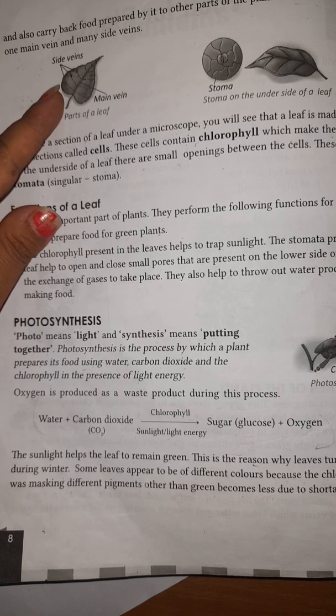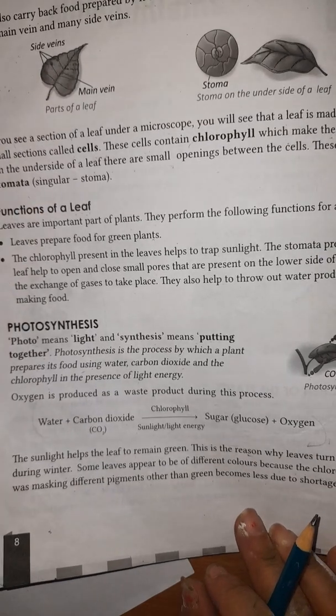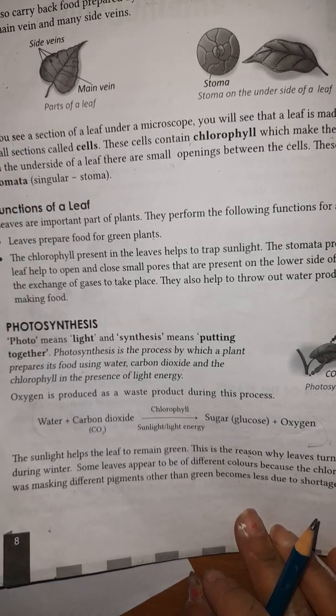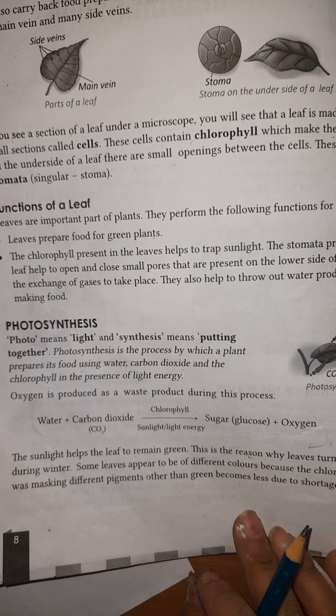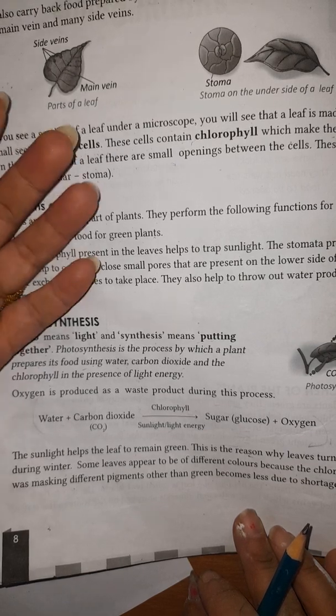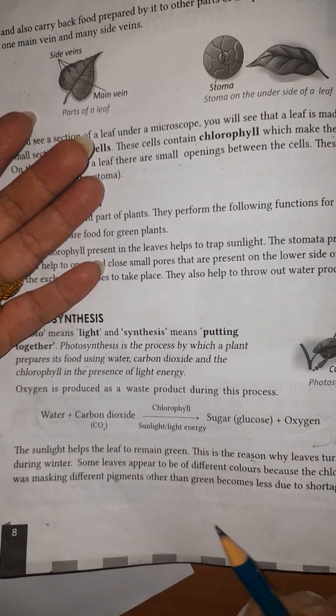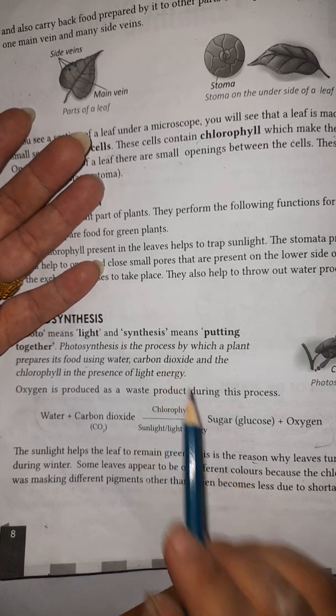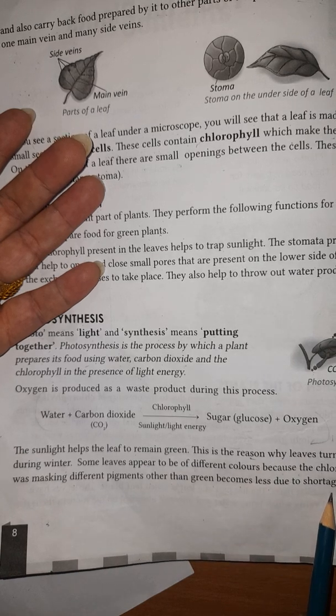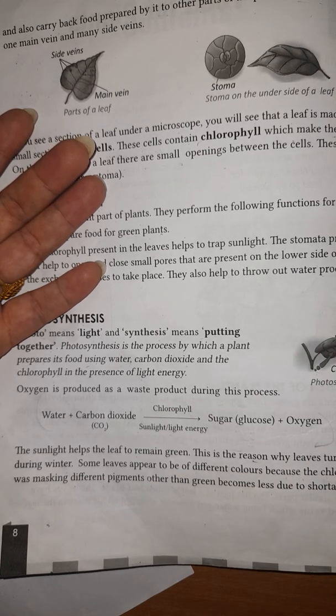The chlorophyll which is present in green leaves, because of shortage of sunlight, the other pigments like yellow, orange, purple in shade are found in these leaves, and that's why we can see them in different colors in the winter season. Okay, because in the winter season the plants get less energy from the sun, right?